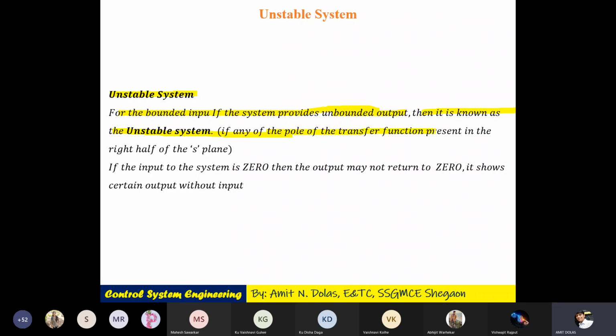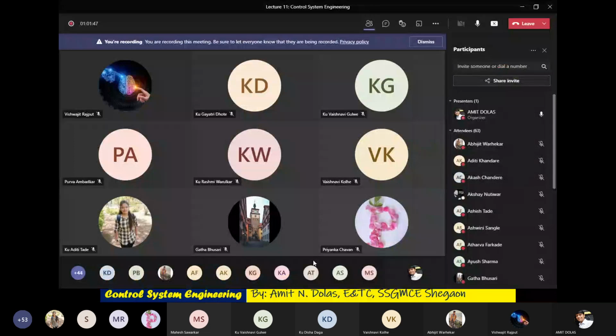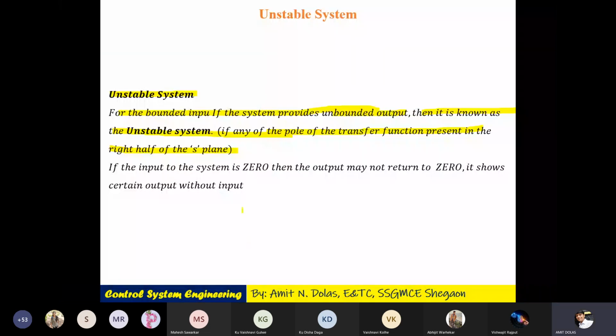If any of the pole of the transfer function present in right of S plane, I said n number of poles, suppose 1000 poles are there and only one pole is lying in right hand side, then definitely it is unstable. If input to the system is 0, then output may not return to 0. It is nothing but unstable system.